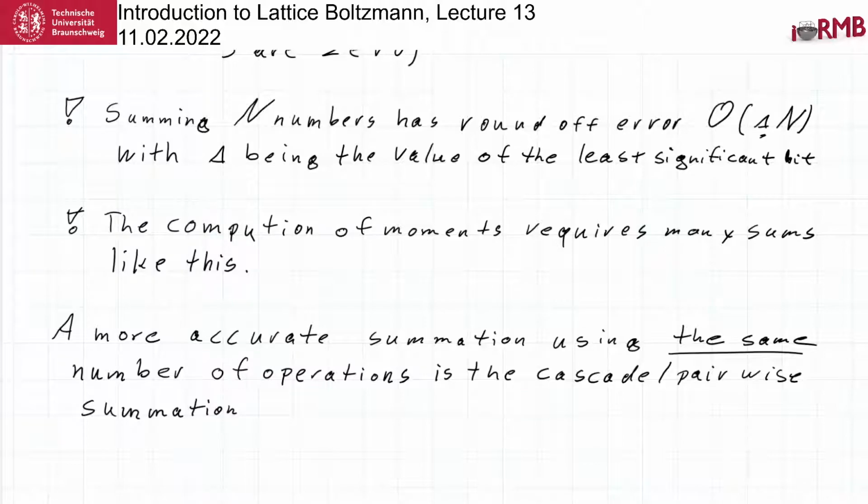Now if we want to implement the pairwise summation of computing the sum, we'll demonstrate this here. The first thing to notice is that this delta, the value of the least significant bit, is not the same for all the different distributions. So this should be taken into account.